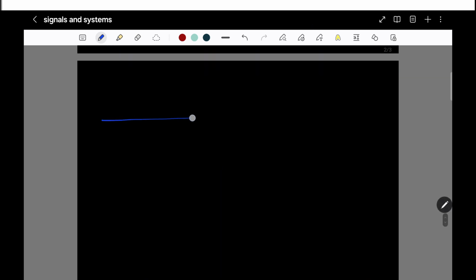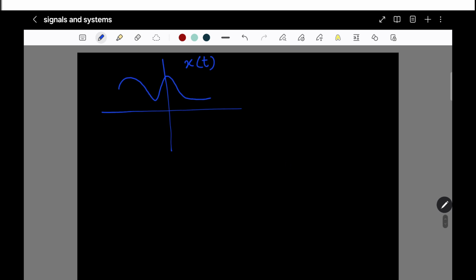So let's look at an example. Let's say you have this signal, which is given like this, and you shift this signal, which means that you have this signal and you shift it now by this amount. So t minus t naught is equal to 0 and t is equal to t naught. Now if I consider that t naught is less than 0, which means that t naught is negative, then we move the signal towards the left side.